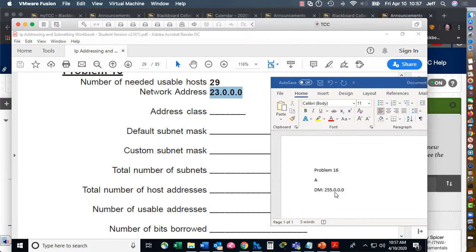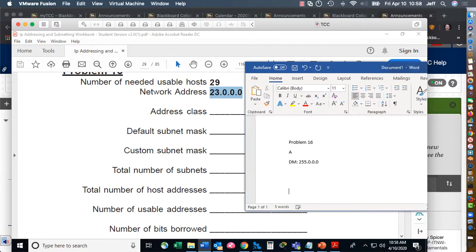This is a class A, so there are 1, 2, 3 octets available, which is 3 times 8, or 24 bits available. So the number of bits borrowed is going to be 24 minus 5, or 19. So we're going to borrow 19 bits, right?